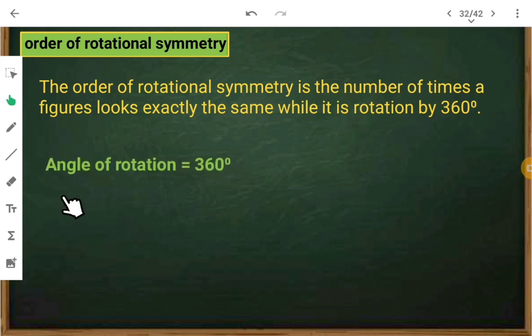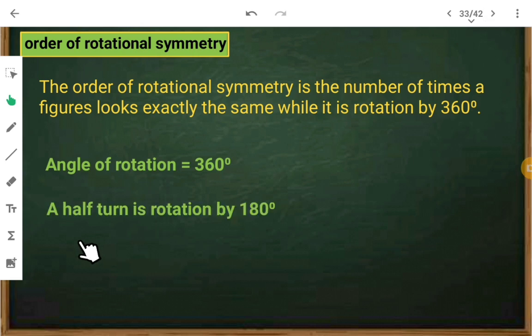The angle of rotation is equal to 360 degrees if you give a full complete rotation only, you will get the exact figure which you had at the beginning. Or else, if you rotate it a half turn, you will get an exact one. That we call a half turn, which is rotation by 180 degrees.